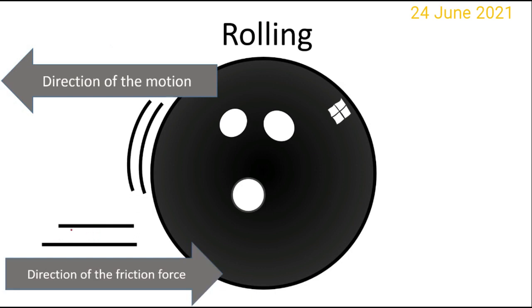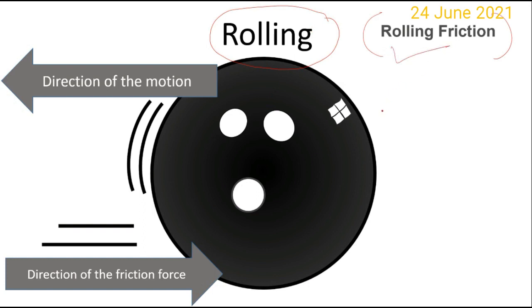Now, the friction responsible here is because of rolling, and therefore this type of friction is called rolling friction. Remember this. So friction which comes into play when the object rolls over another surface is called rolling friction.